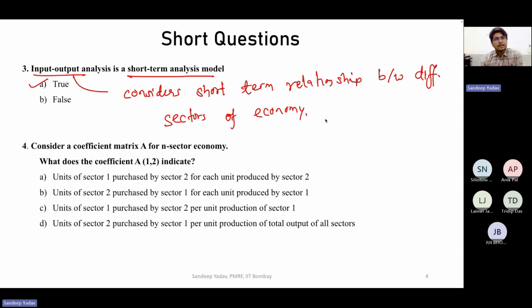Now question number four: consider a coefficient matrix A for an n-sector economy. What does a coefficient A12 indicate here?